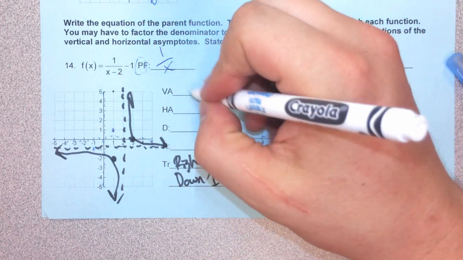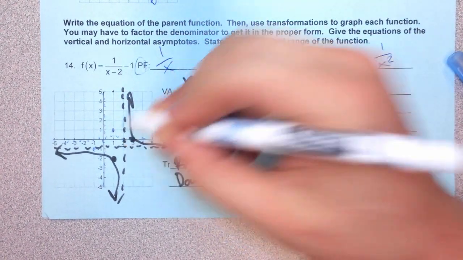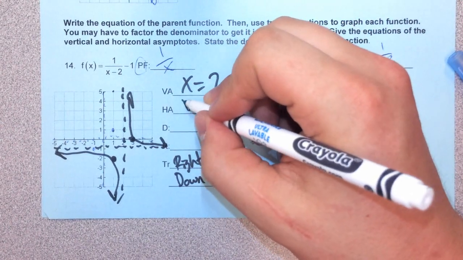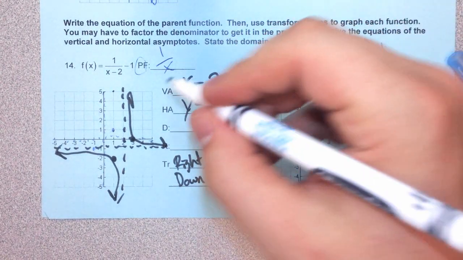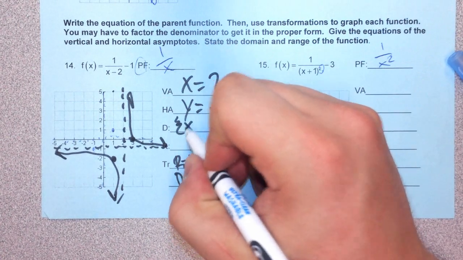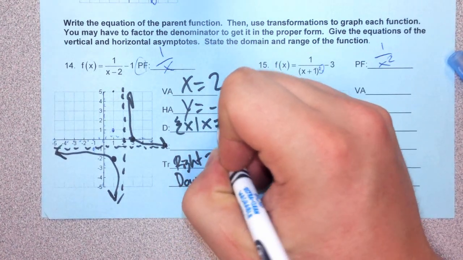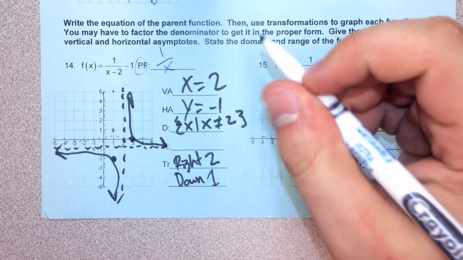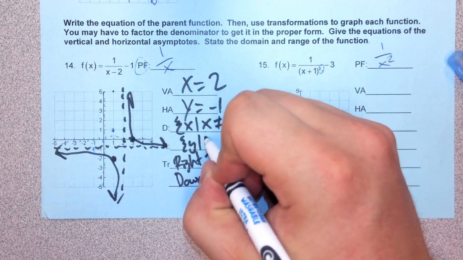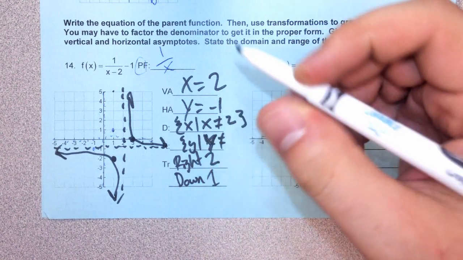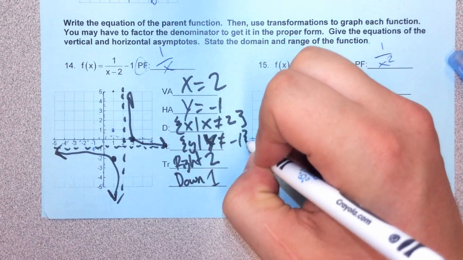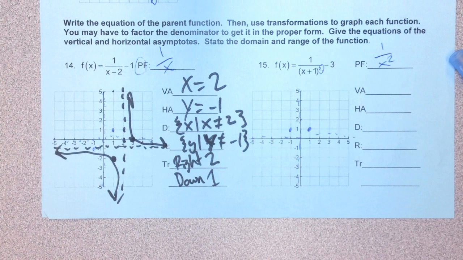Vertical asymptote, x equals 2 because that's at 2. Horizontal asymptote, that's y equals -1 because we went down 1. And then our domain is basically just saying what those exclusions are. So x cannot equal 2, and then here y cannot equal -1. And that pretty much sums it up there.